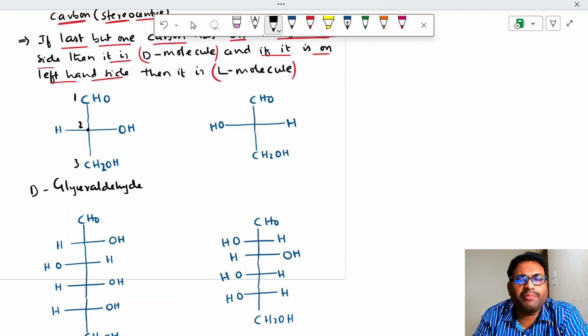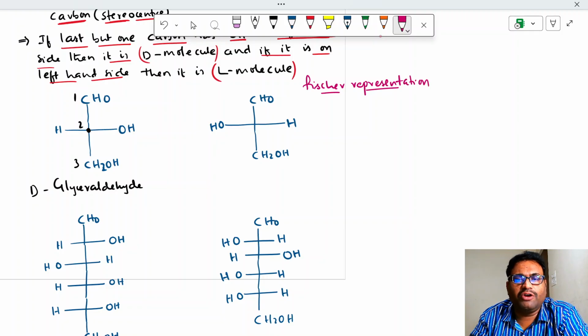And this carbon atom at the center, at the cross, what representation is this? Fischer representation. Fischer representation of the molecule. So in Fischer representation, how do we represent a molecule? We represent a molecule in the form of a cross, that is vertical lines and horizontal lines.